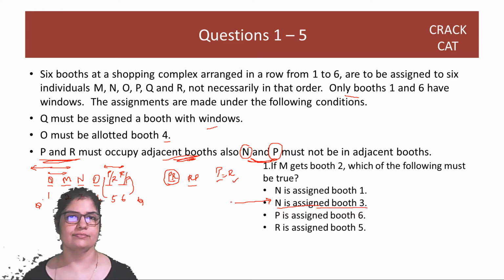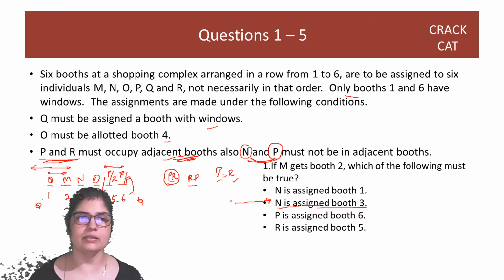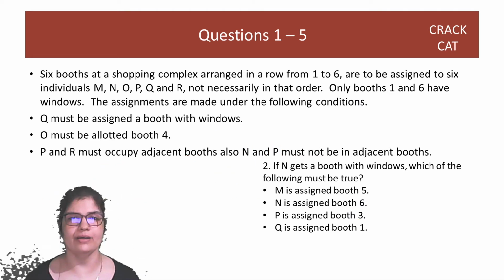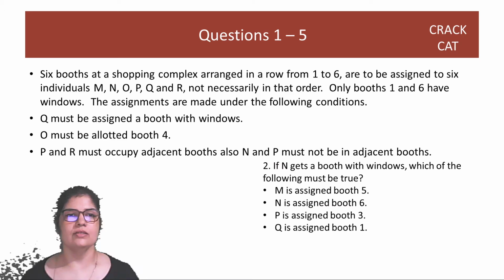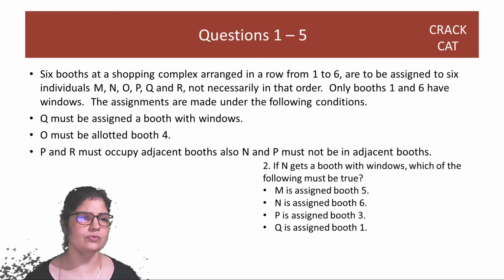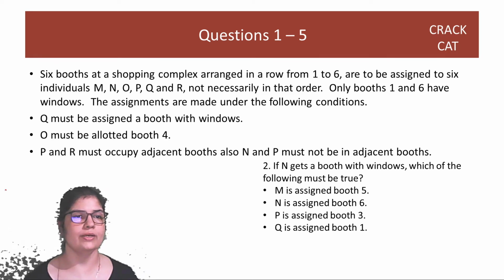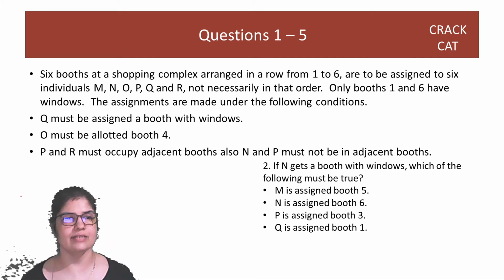Second option. Right? So always the constraint whenever we are solving this set is where do P and R go together? Okay. So N gets a booth with windows. Now, so think about what this means. Now 2 people have windows. One is Q and one is N. So the first one can be Q or N. Second, third, I don't know.